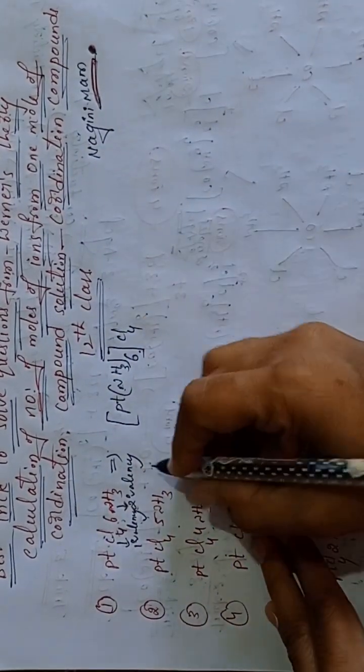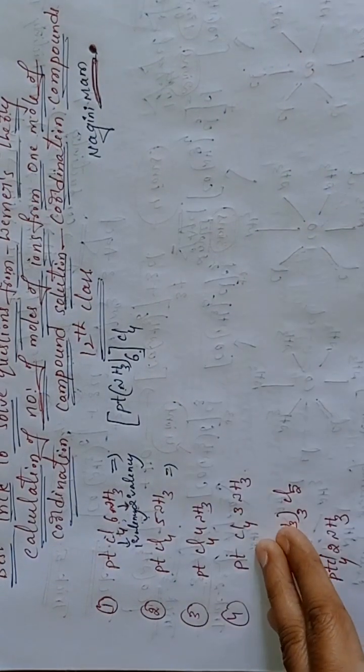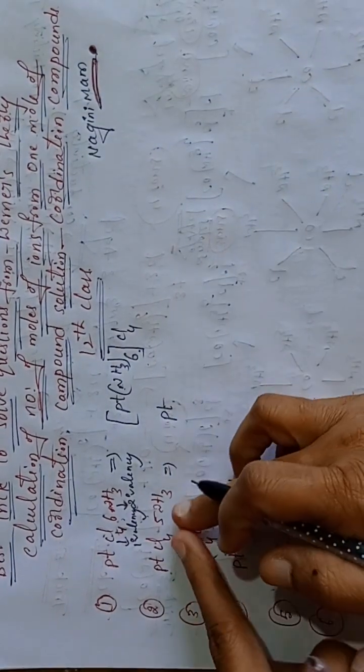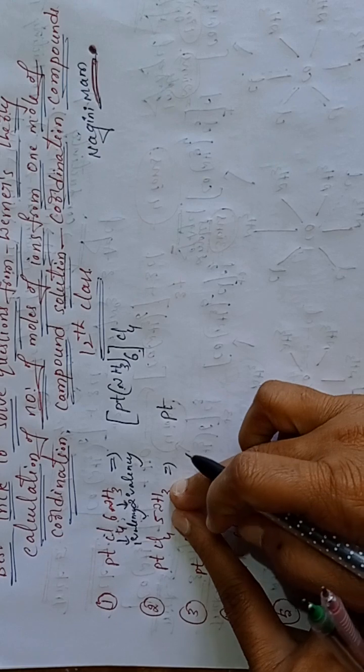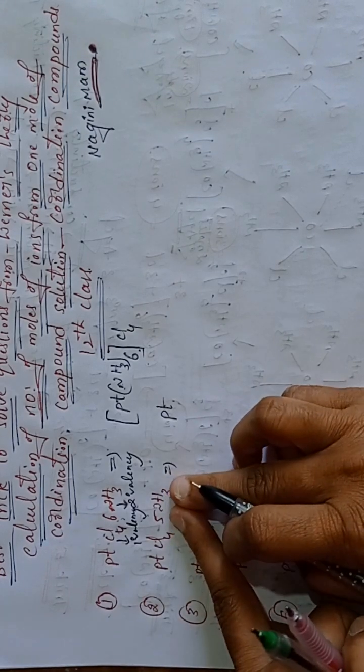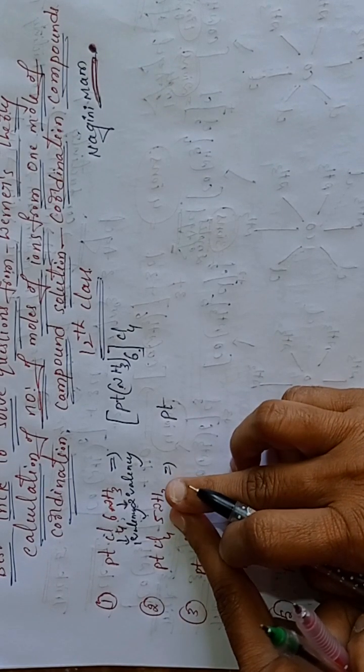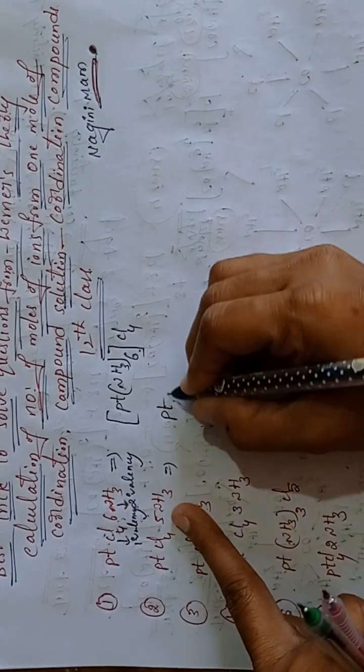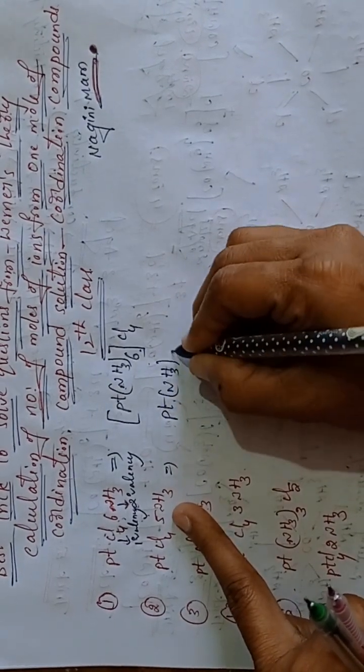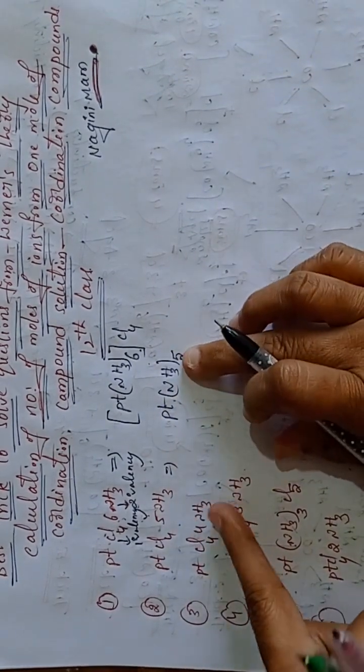Next, see, students, here the central metal atom is platinum. Ammonia is the neutral molecule acting as a secondary valency. That means you write NH3 5 times inside the coordination zone, but that gives coordination number 5 only.